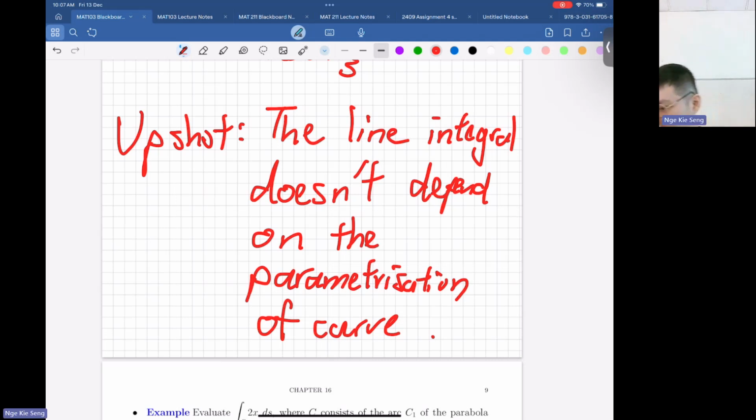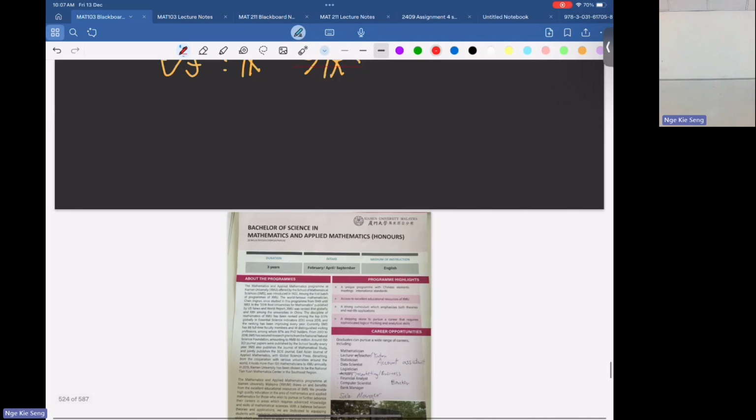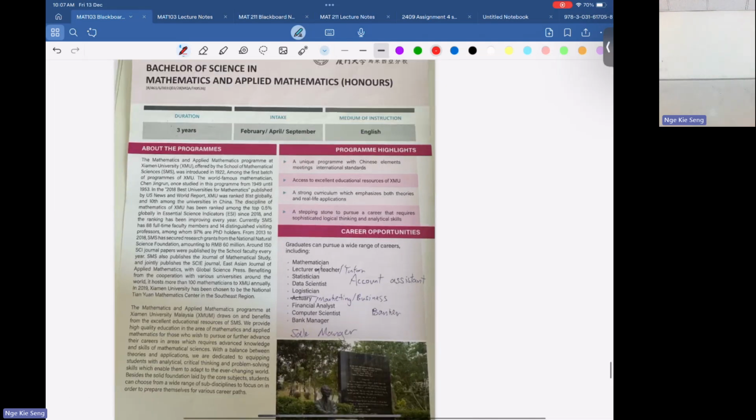Okay. So before we start, I want to make some announcements here. Maybe some of you have seen these MAT flyers before. We're going to change it, and I was allocated to make a draft for it. Since you're my student, I can share it with you first.